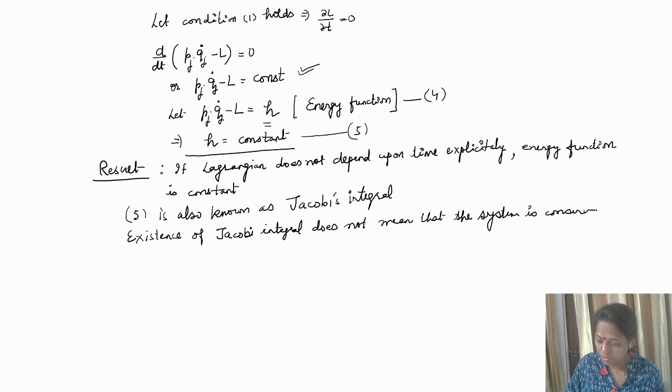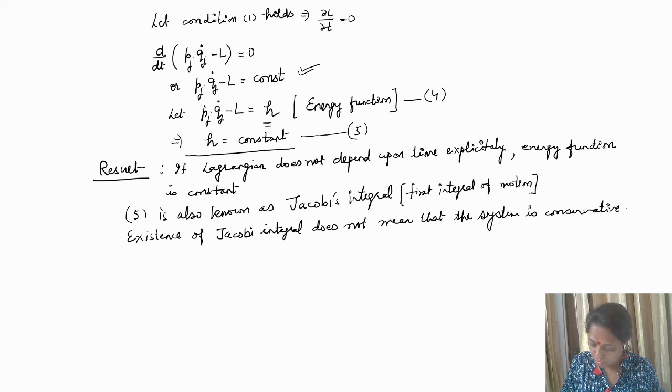Even for non-conservative systems, your Jacobi integral will exist. This is known as first integral of motion, or the Jacobi's integral. So this is one result about this energy function.